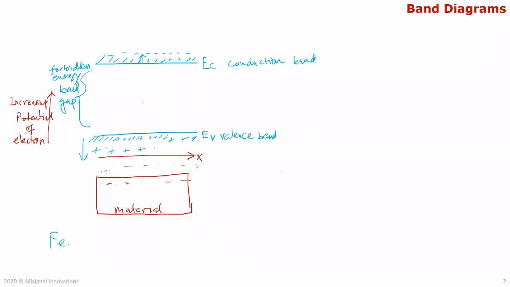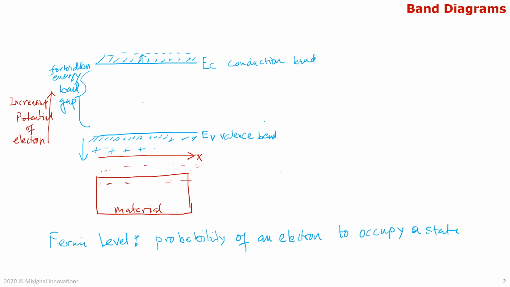The Fermi level basically tells you the probability of an electron to occupy a state, and a state is nothing but, so these levels are called states. Okay, a state 50%. So what's the 50% probability of an electron occupying the state?